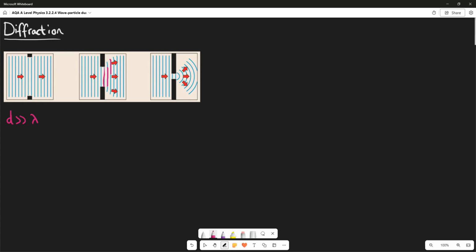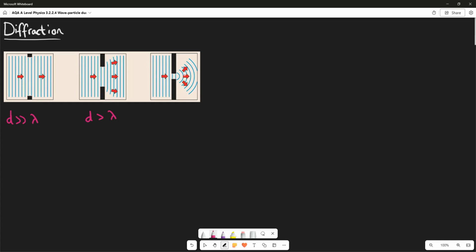And that bend continues and goes on. The wave is starting to spread out beyond the size of the gap. So the size of the gap is still larger than the wavelength, and we are getting some curvature.